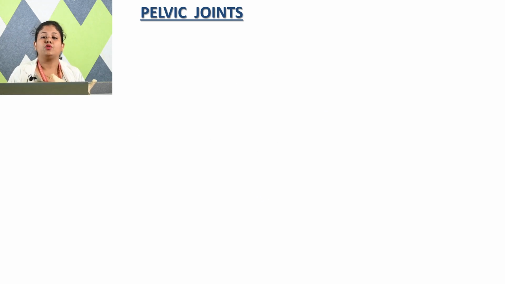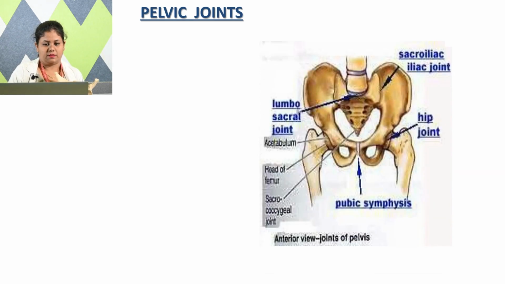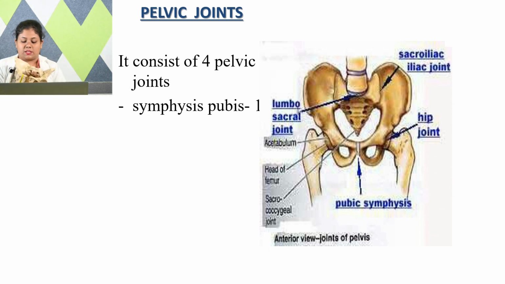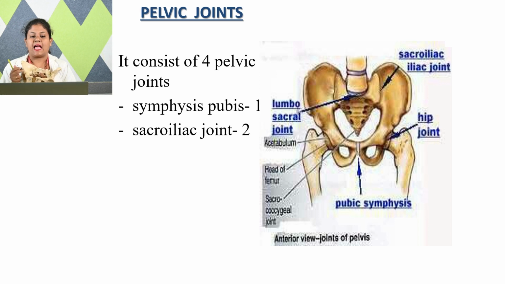Now we'll see the joints of the female pelvis. It consists of 4 joints. First is the symphysis pubis, where the 2 pubic bones join together. Next is the sacroiliac joint, between the sacrum and ilium.